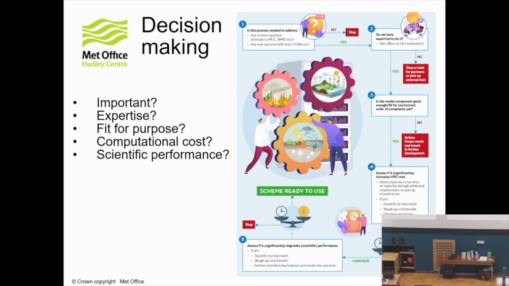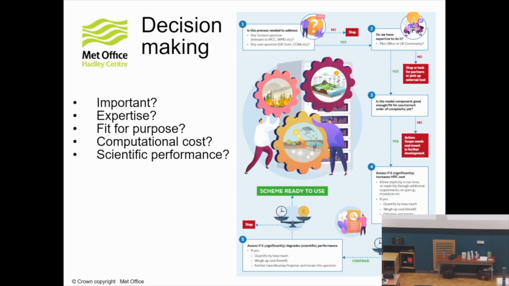Is it addressing a key scientific question, a key knowledge gap? Is it relevant to policy? If the answer is yes, do we have the relevant expertise within the UK to develop that component and that capability? And if yes, is the model component good enough?